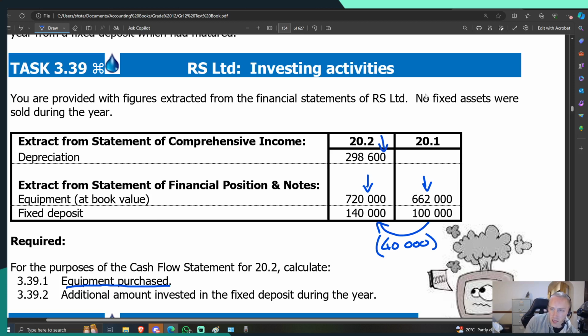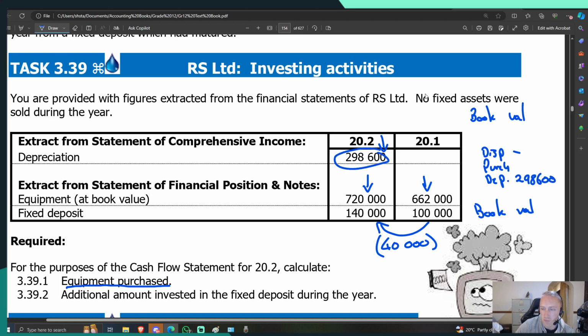Now we know that in note 3 to the balance sheet, our fixed assets note, we see book value at the beginning, we see book value at the end, and we have movements in the middle, including disposals, purchases, depreciation. There are no disposals in this one. But there is depreciation of, how much was it? 298,600. There it is.